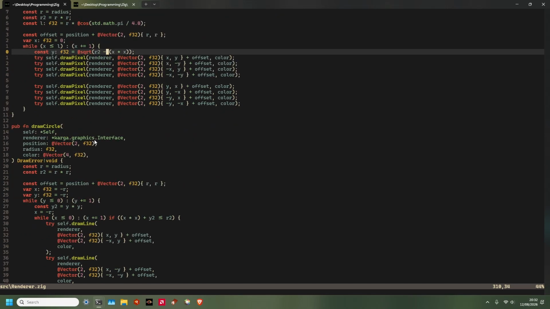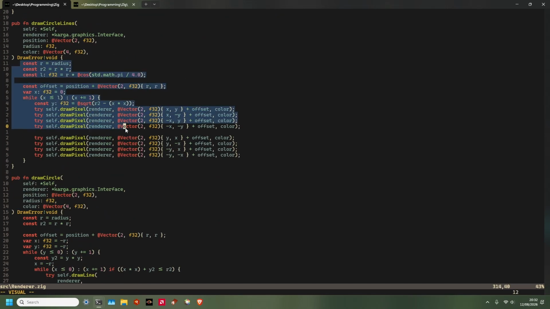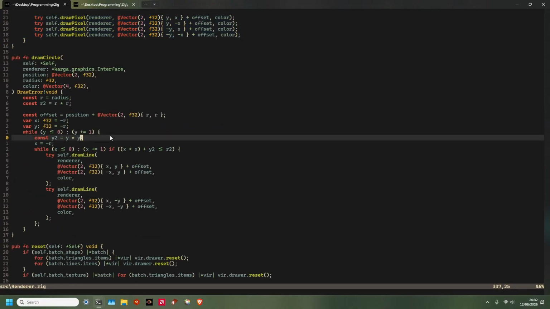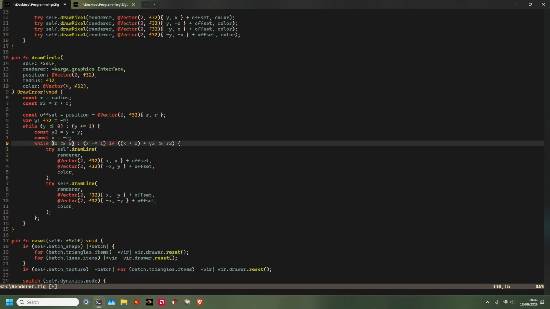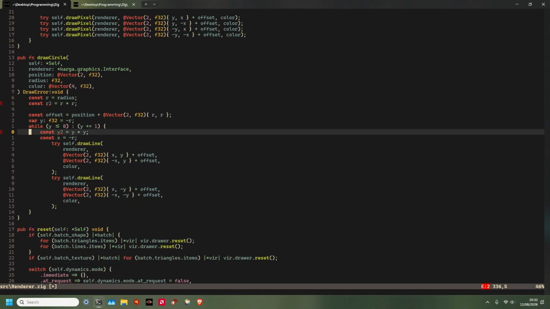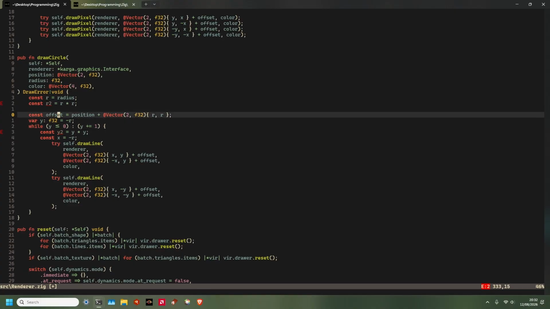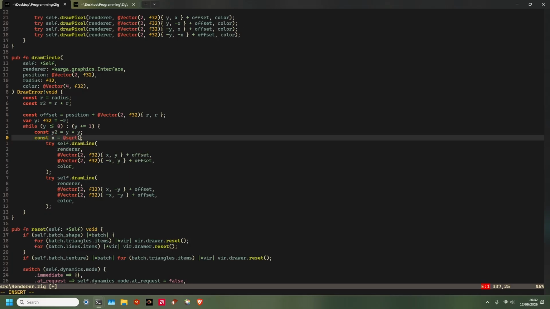Now instead of just the outline, we can use the same algorithm: get rid of this while and this if statement, get rid of this entirely, and we can then do x is the square root of r squared minus y squared.